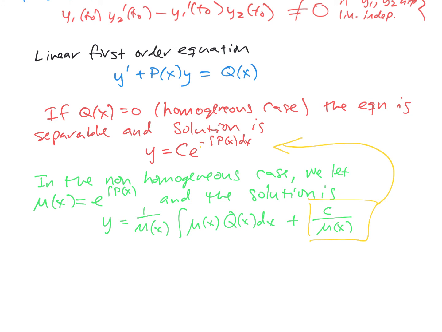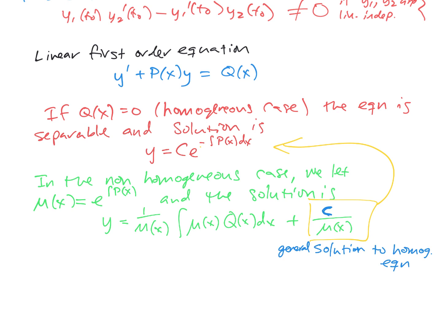So in other words, this is the general solution to the homogeneous equation. And it's general because we've got that C there that we can vary depending on our initial conditions.